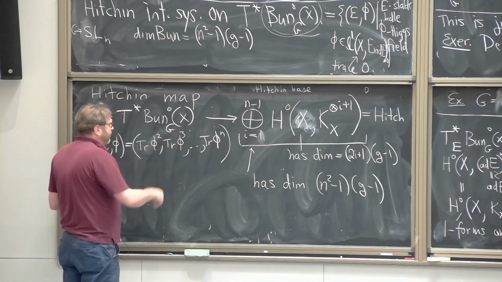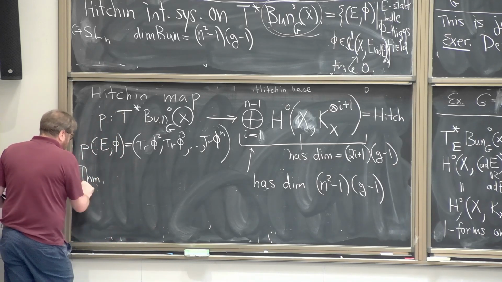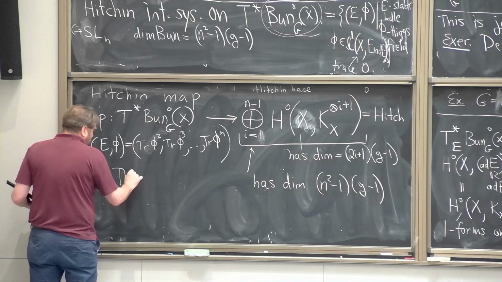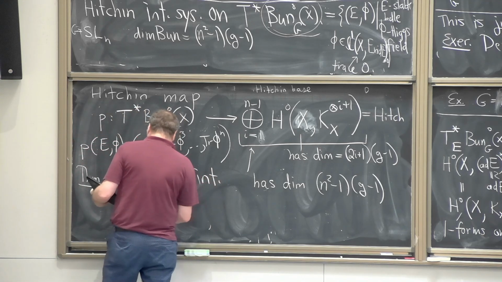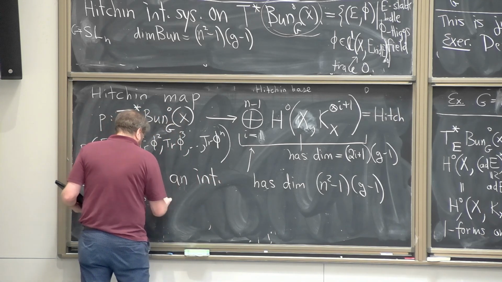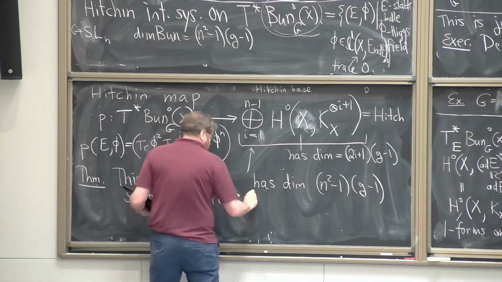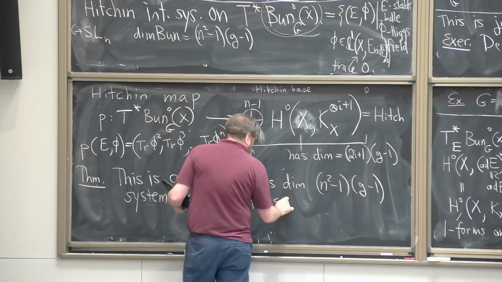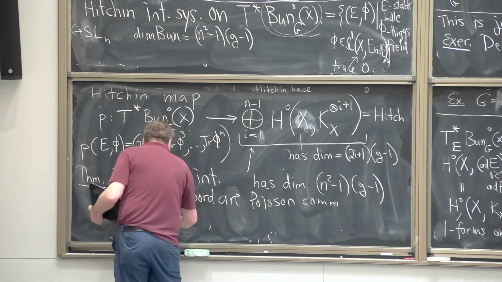So that's exactly a map of this form. And the theorem of Hitchin is that this is an integrable system. So the coordinates are Poisson commutative and functionally independent.